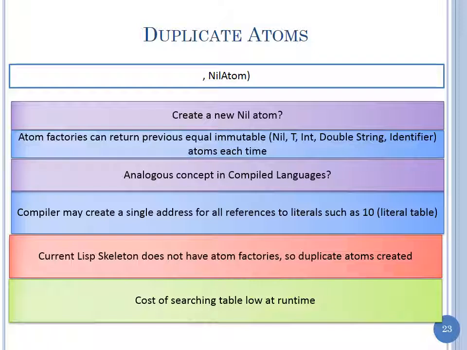Right now we create a new atom whenever we need it. That's what Andrew has. But we could choose the alternative strategy of reusing atoms, and that concept exists in compiled languages also. I mentioned that. Let's look at that a little bit more in depth, because it's an important concept and we had a lot of discussion on it.